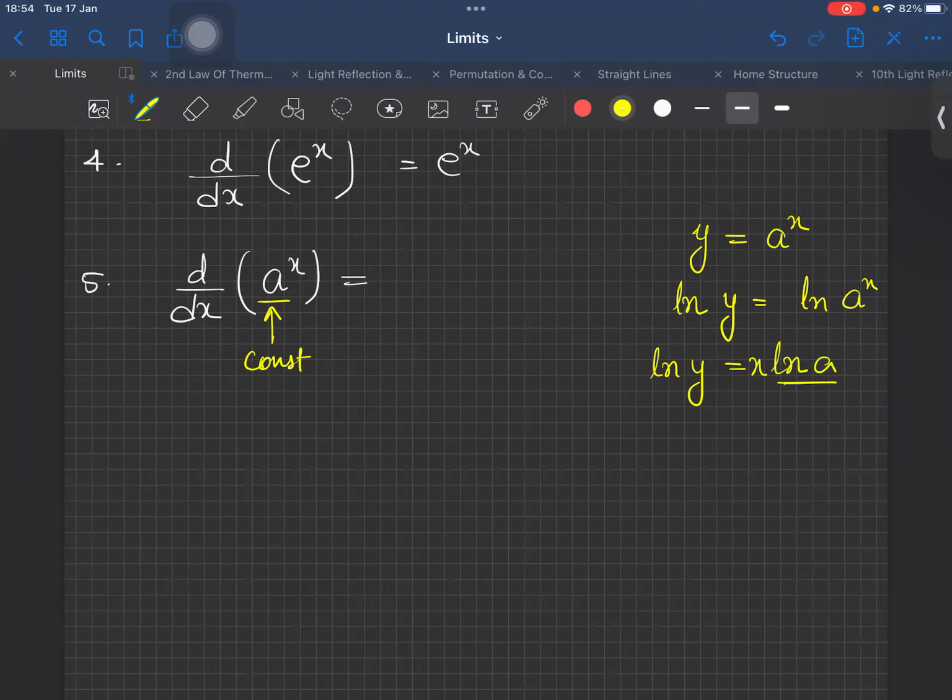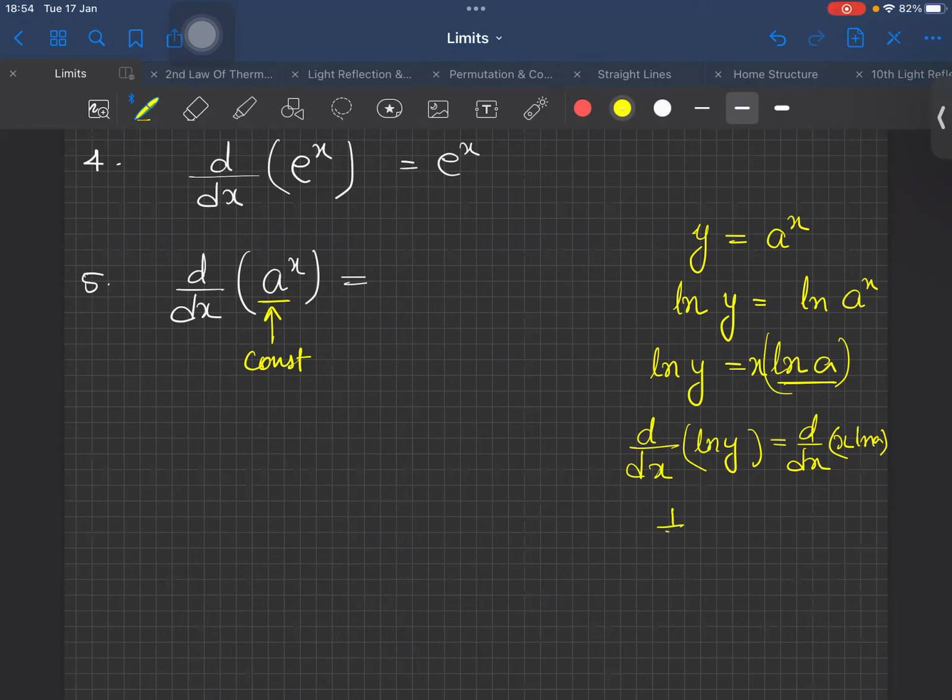Now ln a, if a is a constant, that means this entire value is a constant. Now you see that y is a function of x, right? Now you find the derivative with respect to x. ln y is equal to d upon dx of x ln a. So what will this become?